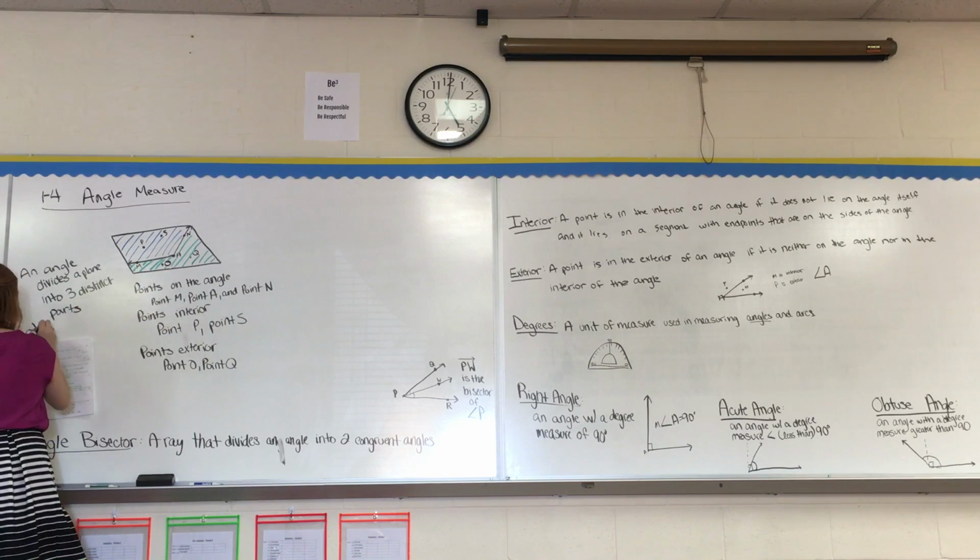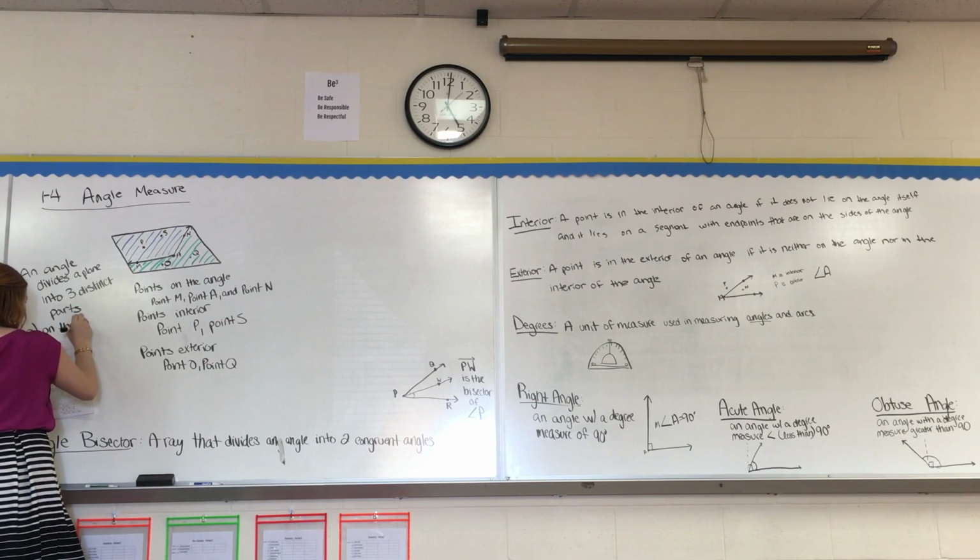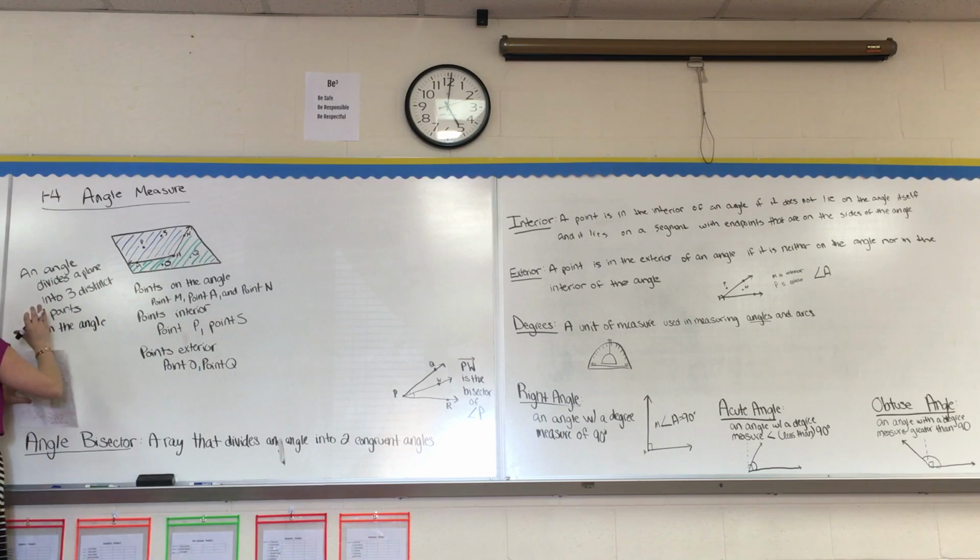A is going to be on the angle. So that's one. I'm going to call this 1. So 1 is on the angle. Another part is on the inside of the angle, so the interior. And then 3 is exterior.